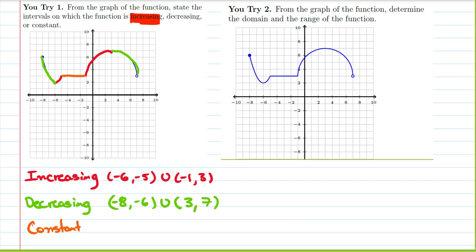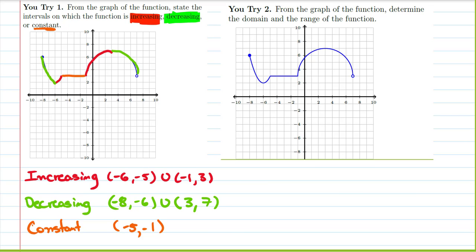And we're going to be constant from -5 until we get to -1. So that gives us our increasing, our decreasing, and our constant.